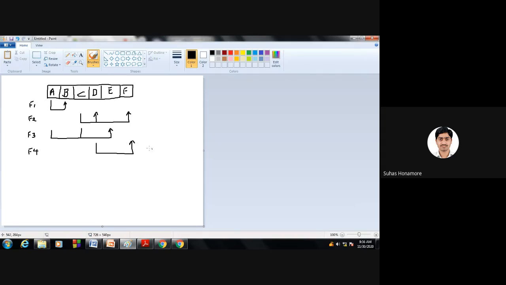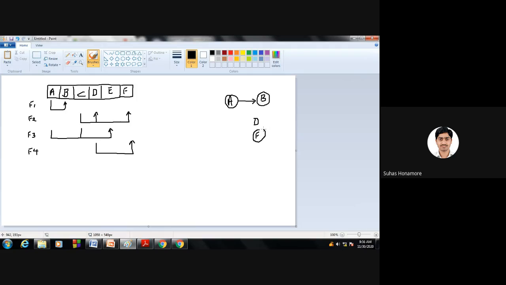Now we have to check the candidate key. We can draw it as a graph. First FD, A to B. Then C to DF, so D and F are dependent on C. The second FD is over.